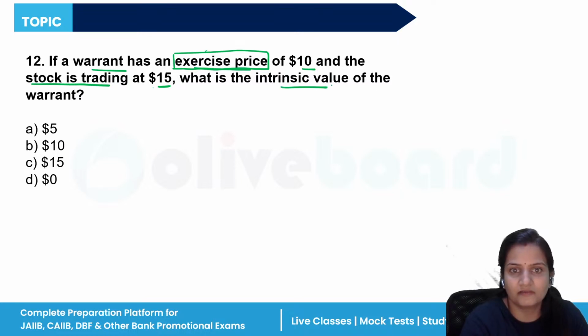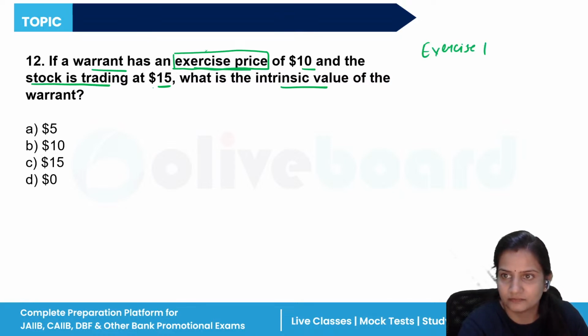Now you have to find the value of the warrant. But before that, tell me the other name of exercise price. Yes, correct. That is strike price.